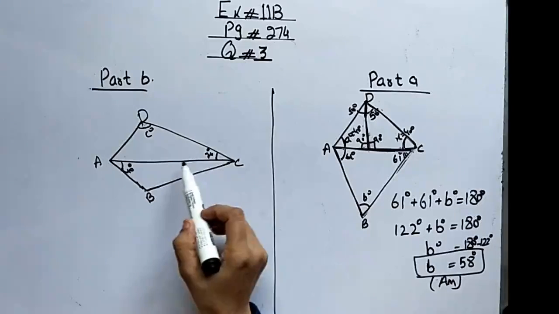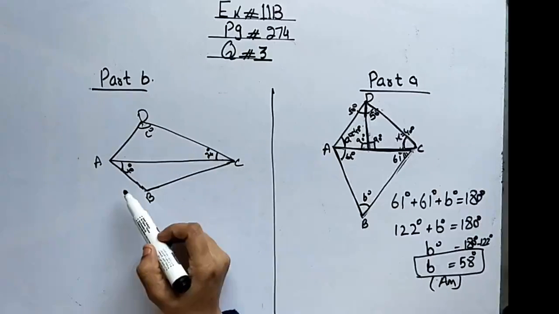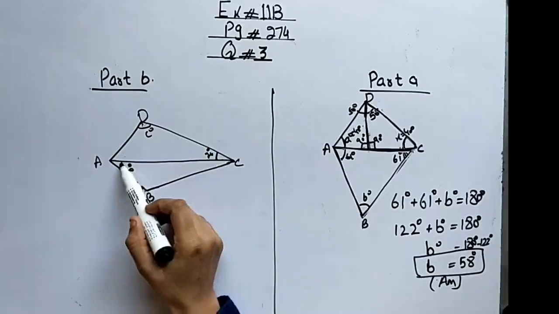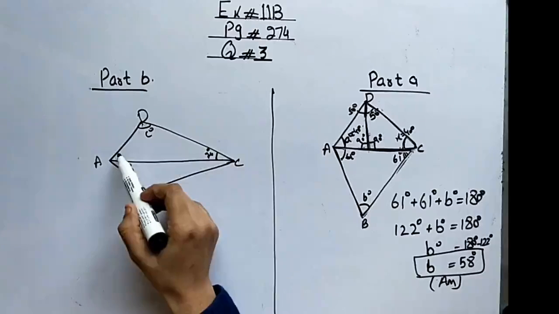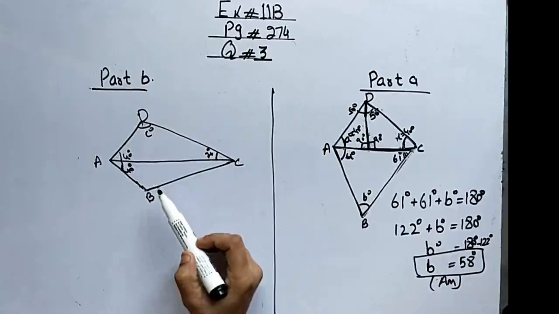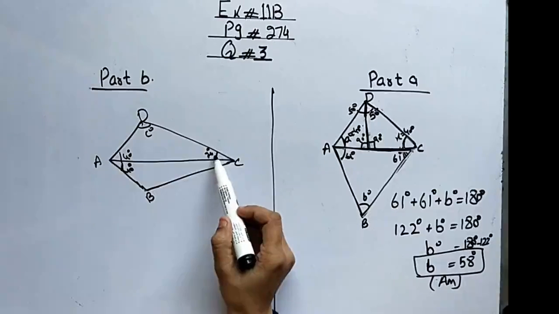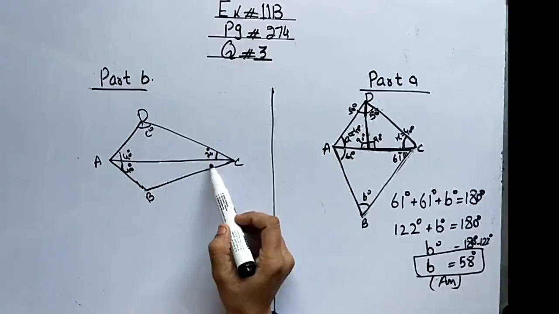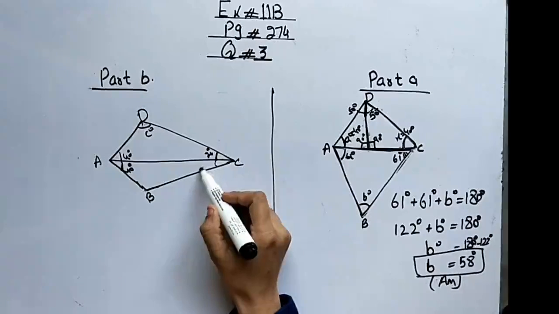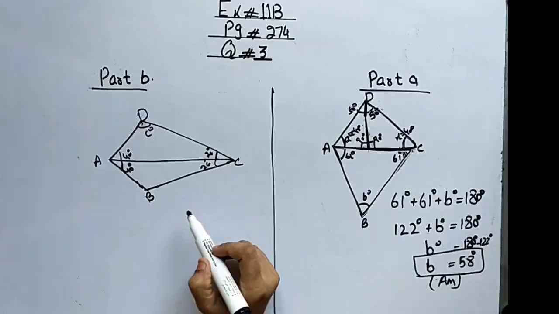When we draw a bisecting line from this angle, it is divided into two parts. One part is 40 degrees, so the second part must also be 40 degrees. And similarly here, the first part is 26 degrees, so the second part is also 26 degrees. Got it, beta?